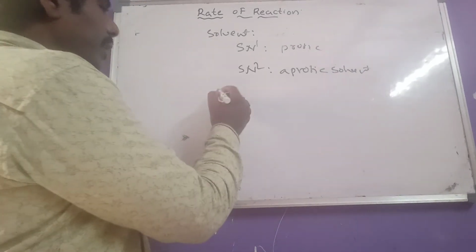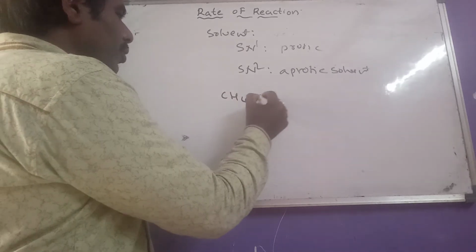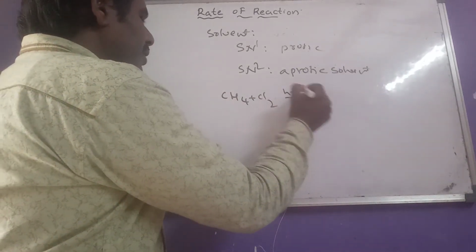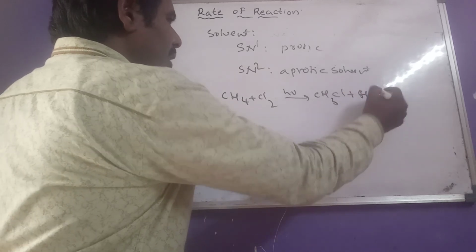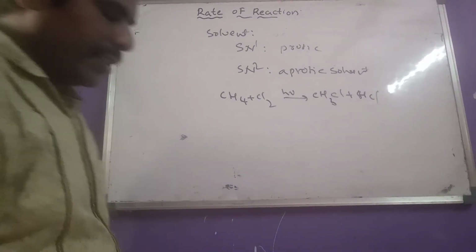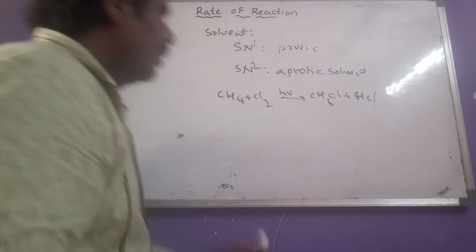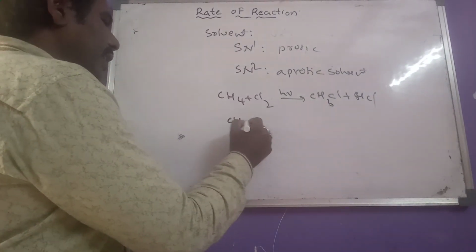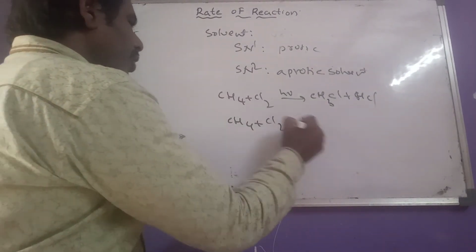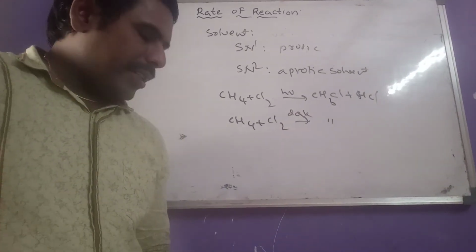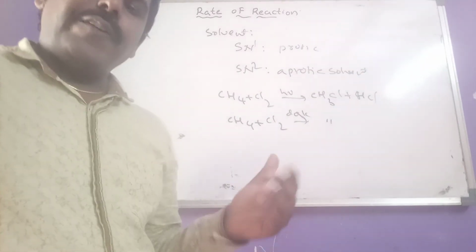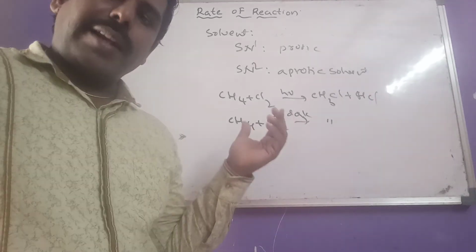So one example here, methane plus chlorine, in presence of sunlight we can see the formation of a product, methyl chloride plus HCl. But when the reaction is carried out in dark, no products are formed. So like that, some reactions' rate is affected by radiation.